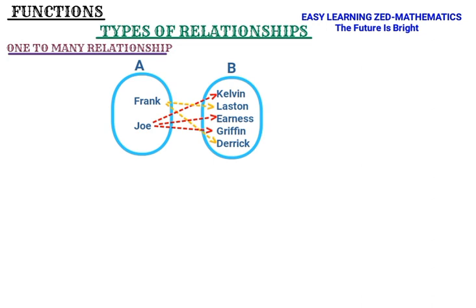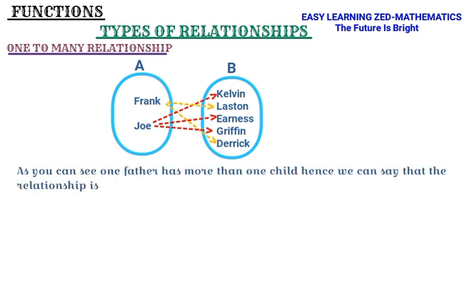So as you can see, one element in set A has a relationship with more than one element in set B. So from one in set A, the relationship is going to many in set B. So this kind of relationship, as we can see, one father has more than one child, hence we can say that the relationship is one-to-many.